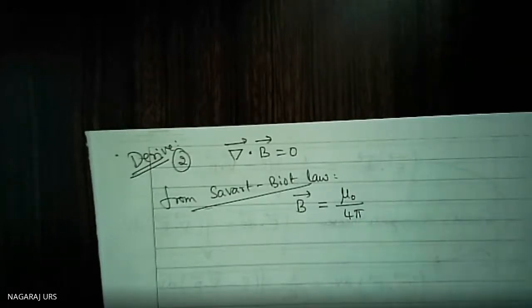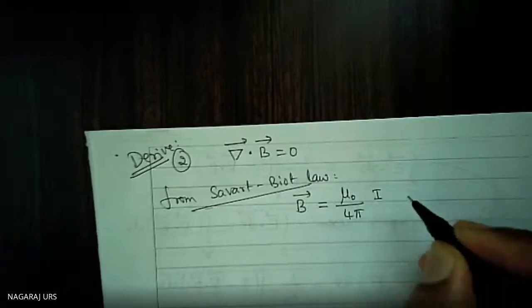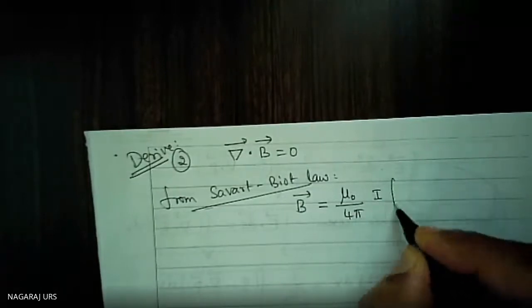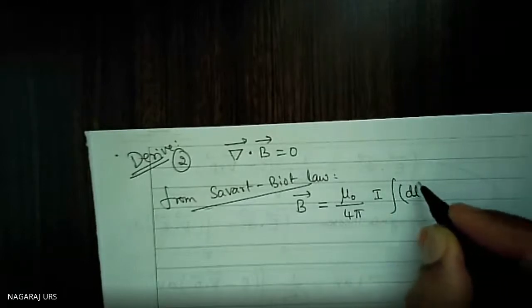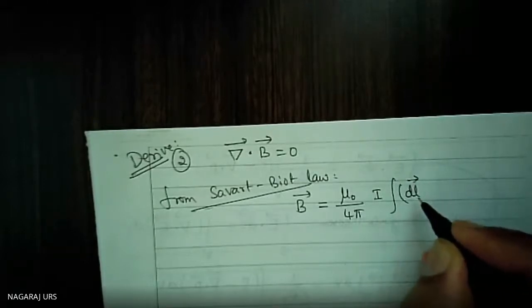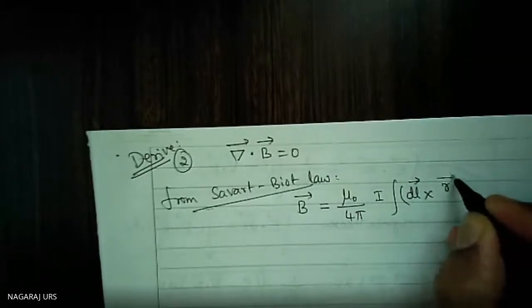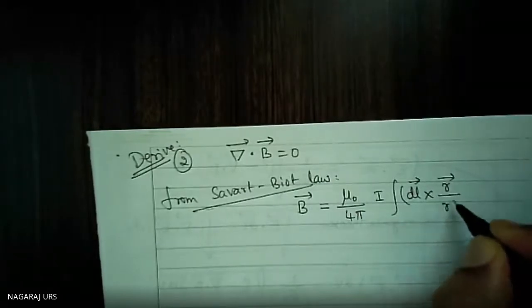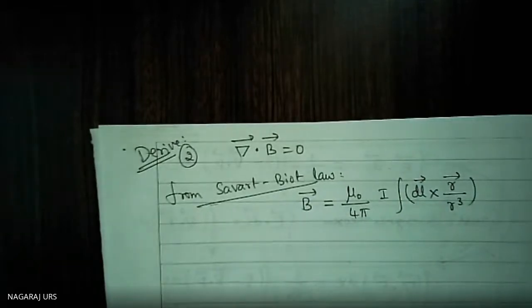Then, if you are writing the expression in vector format, you are going to have B equals mu naught divided by 4 pi, I integration of dl cross R divided by R cube, where dl is a current element and R is the distance.